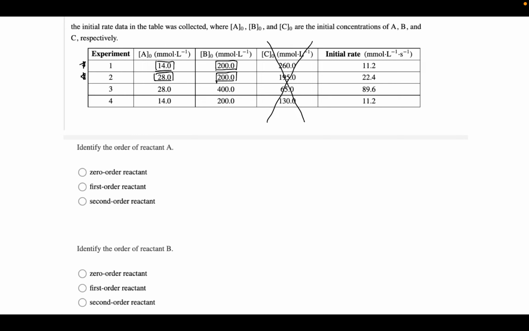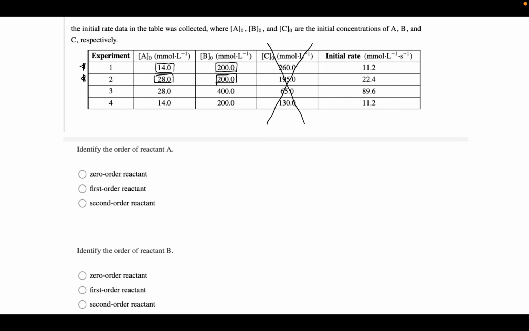So when we increase the initial concentration twice, we can see that the initial rate has doubled. So if we have 2 to the y as an exponent, we get 2. So y equals 1, meaning that reactant A is a first order reaction.